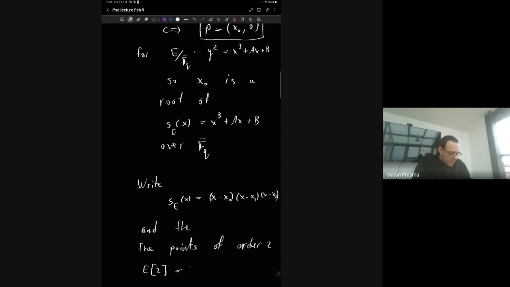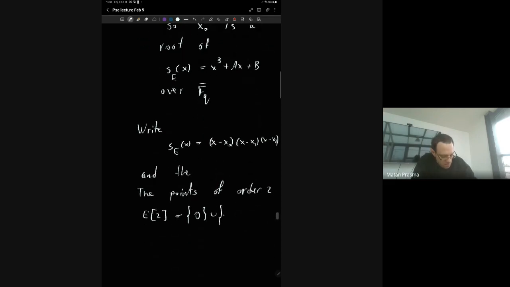This is the set, I mean, of course, the point at infinity is of order 2. And we have 3 others, which are (x0, 0), (x1, 0), and (x2, 0).